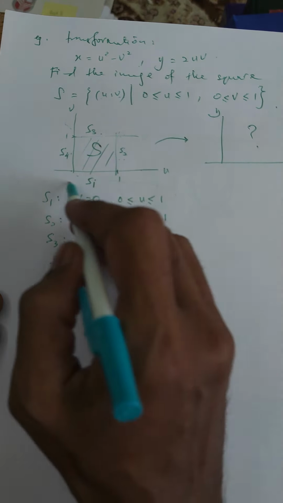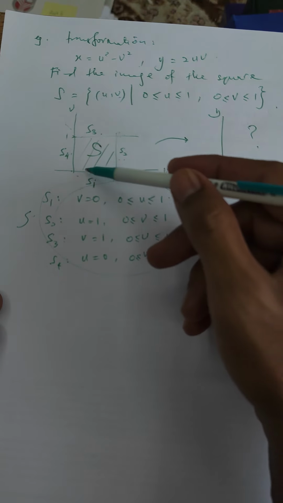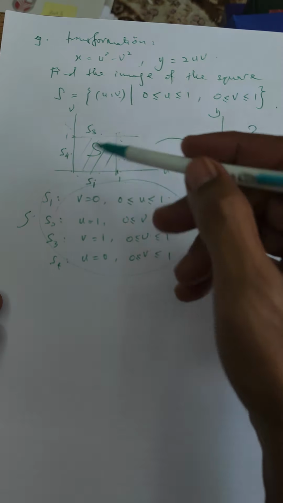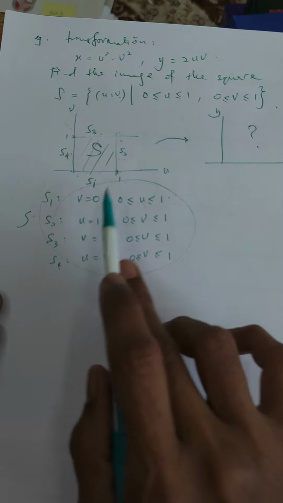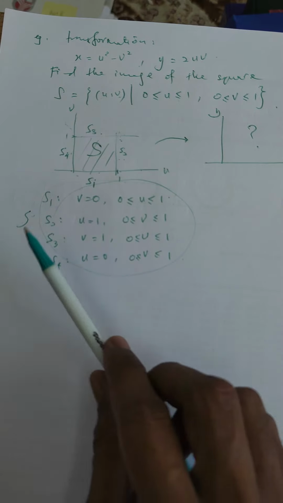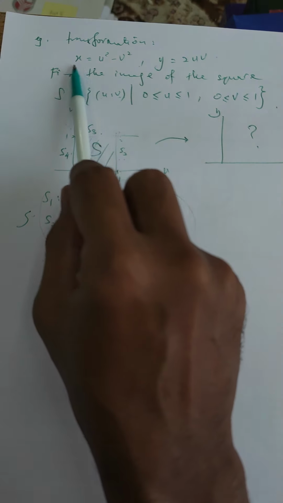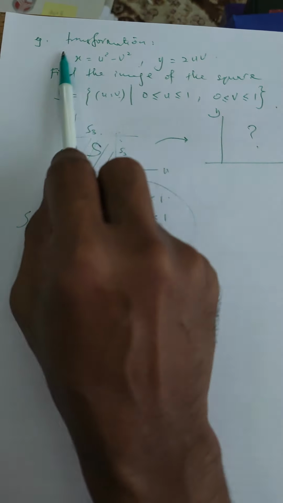So this is the region S, with each of its edges defined like that. Now we are going to transform each of these edges into the xy plane according to that transformation.